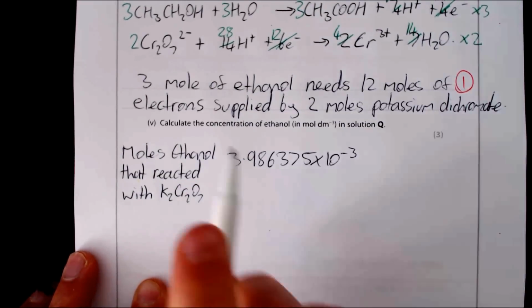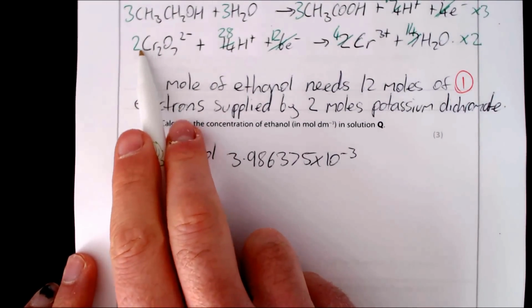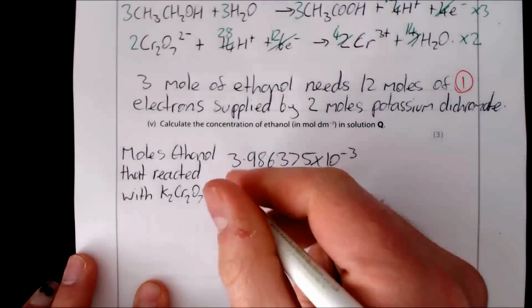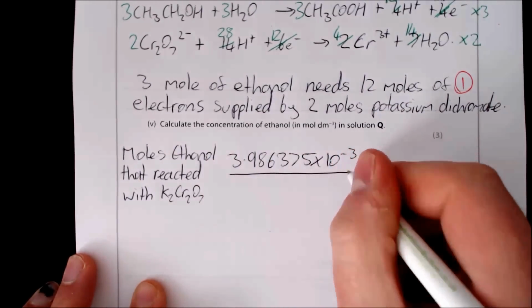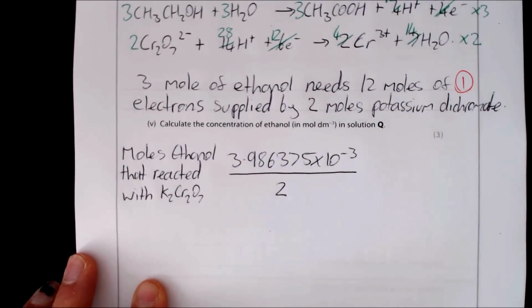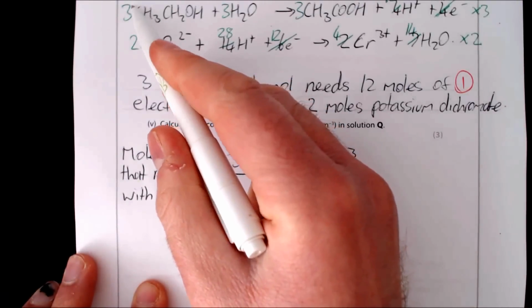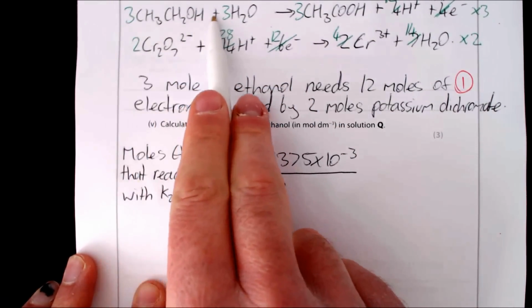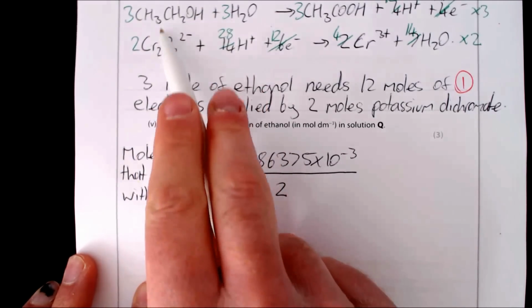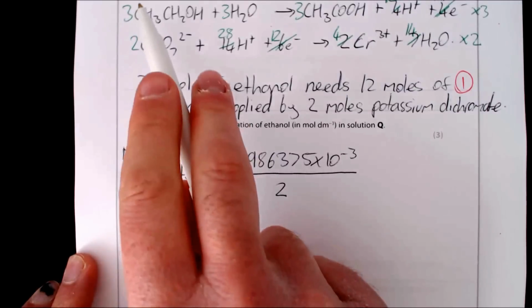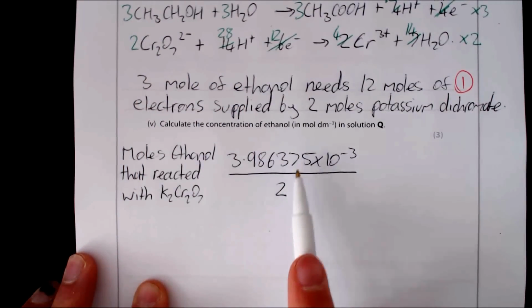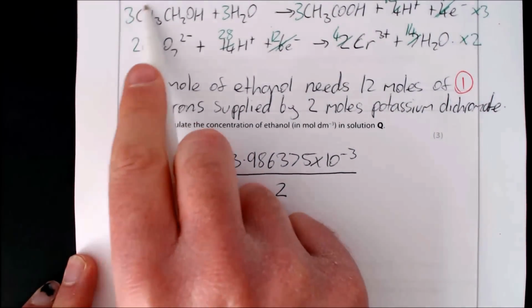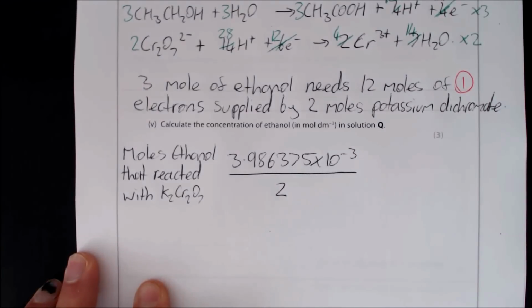So what we're going to do is divide that by 2 first, and then multiply it by 3 to work out the number of moles of ethanol that actually reacted, because remember these two will react together in this 3:2 ratio. So divide by 2 to find 1 mole, and then multiply it by 3 to get that. So that's the thinking behind this.